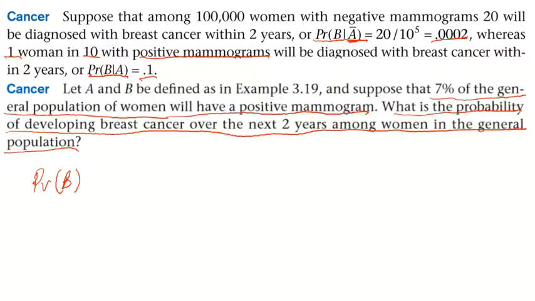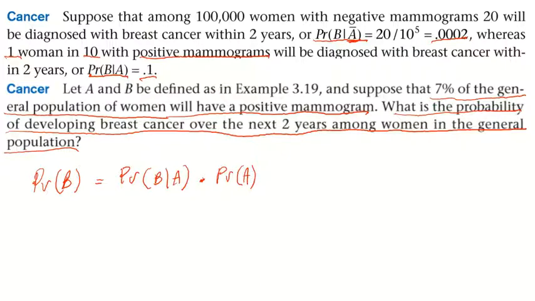Okay. So the probability of having a breast cancer in the general population will be equal to, first, the probability of having breast cancer when the mammogram is positive times the probability when the mammogram is positive.